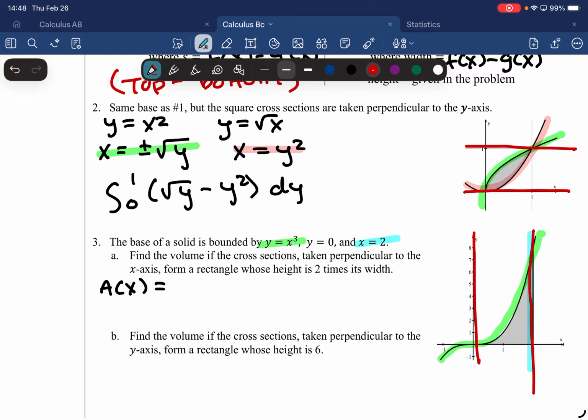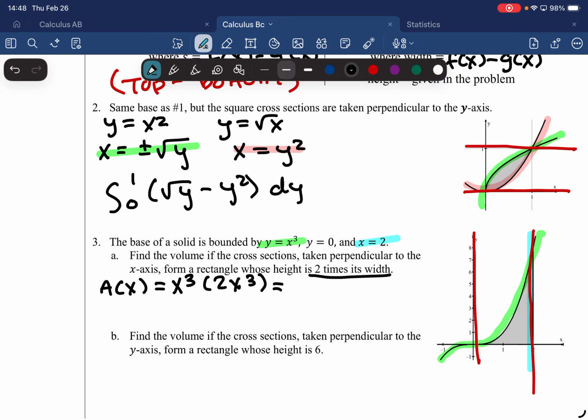We just have that one function on the top, so we're going to just say that the width is x cubed. Okay, the height, it says in the problem, 2 times the width. So the height is going to be 2x cubed.